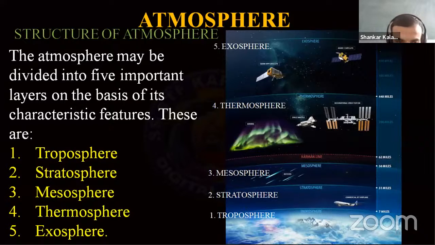Or you can remember the beginning letters also: tropo, strato, meso, thermo, and then exo. Exo is the last one, and the first one is the troposphere. The middle layers are strato, meso, and thermo. S means stratosphere, M means mesosphere, and T means thermosphere.